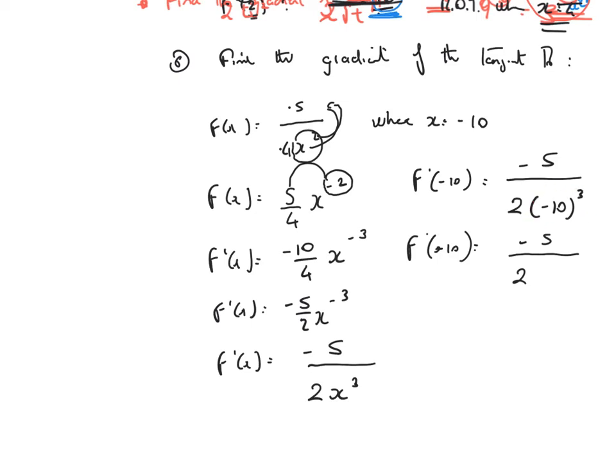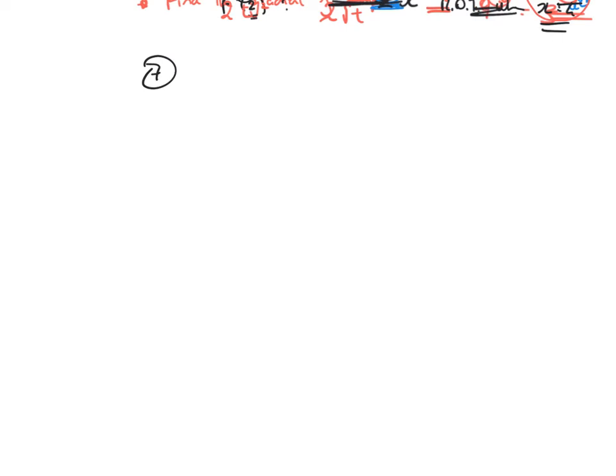So minus 10 times minus 10 is 100. Times that with minus 10, and I get minus 1,000. So now I've got minus 5 over minus 2,000. 2 negatives cancel out, and I can divide top and bottom by 5, and that will give me positive 1 over 400.